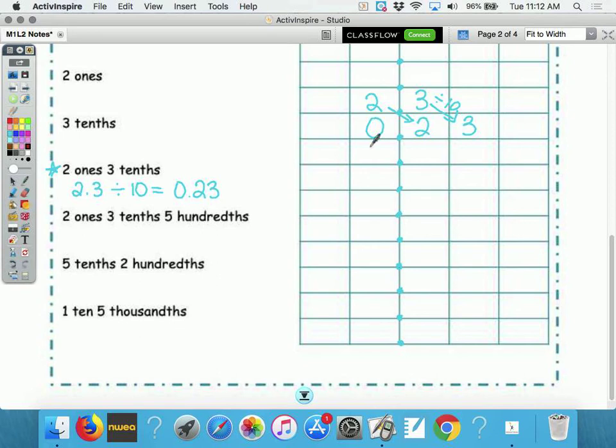2 1s, 3 10ths, 5 hundredths. So over here I'm going to write 2.35 divided by 10. Okay? Divided by 10 goes which way? Right. To the right.